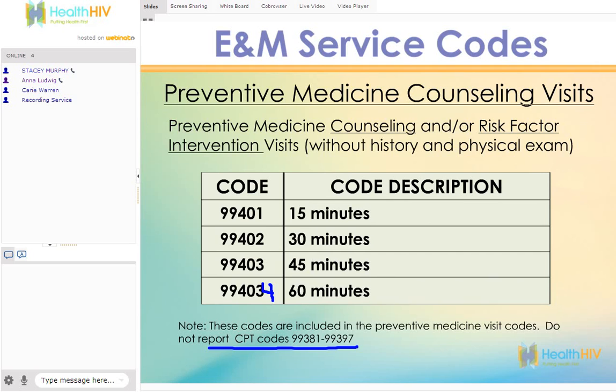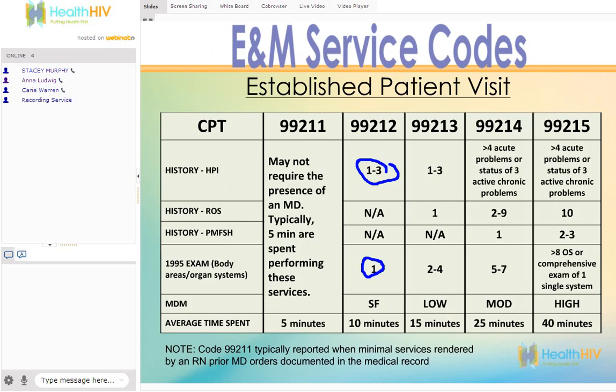On a prior webinar series, someone asked a question regarding whether you can report the preventive counseling visit codes together with the regular E&M codes. That is purely a decision based upon the insurance carrier.